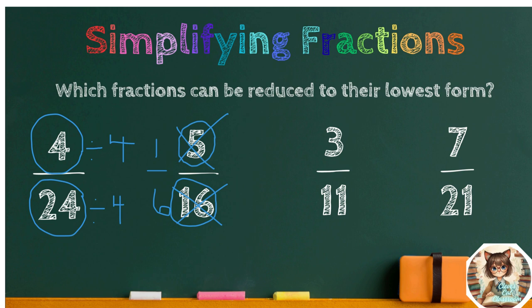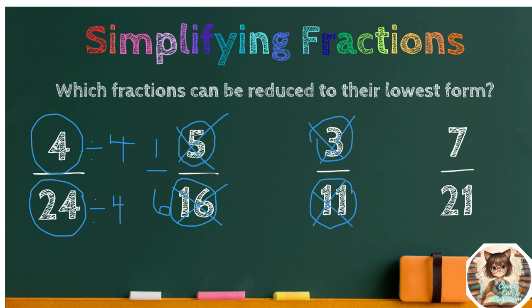All right, let's look at 3 and 11 for this one. So we say, is there a common number that can divide 3 and can divide 11? The answer is no. So this one has already been reduced to its lowest form.